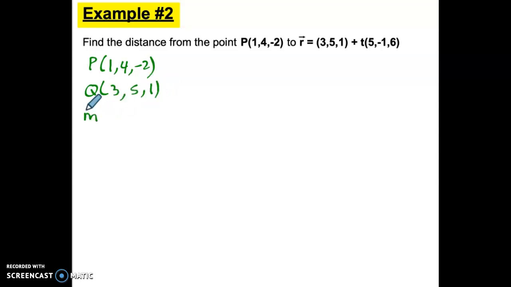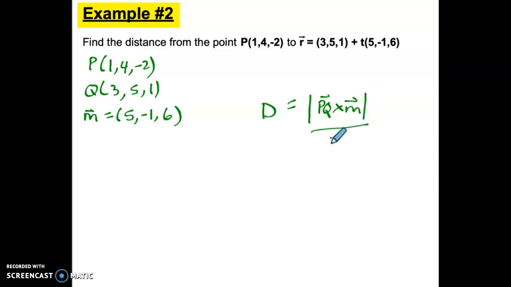And M is the direction vector, which they have also given us. Okay. And to find the distance, we are going to find the magnitude of PQ cross M all over the magnitude of M.